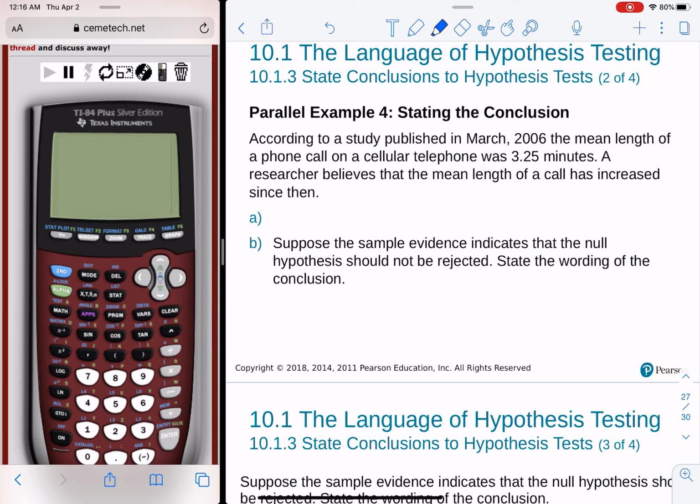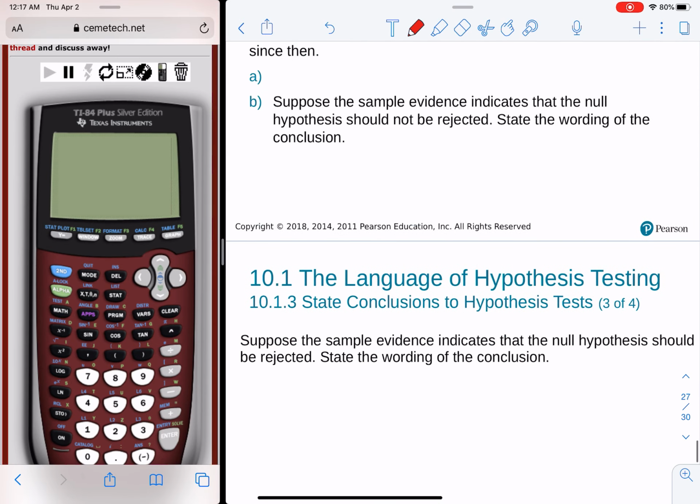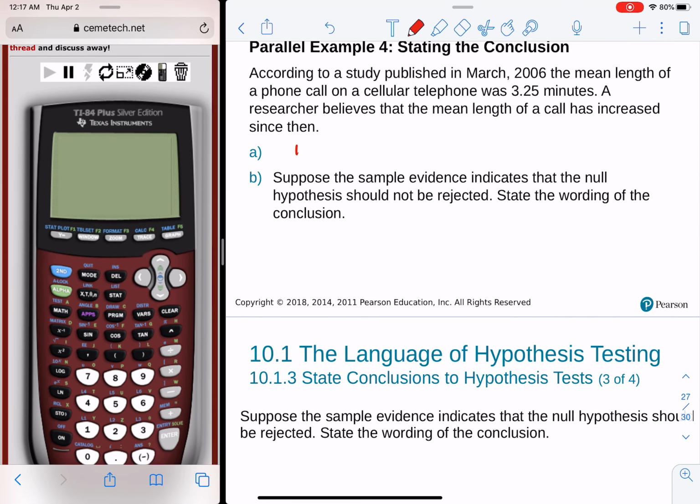According to a study published in March 2006, the mean length of a phone call on a cellular phone was 3.25 minutes. It's the same example that we've been seeing multiple times. The researcher claims it has gone up since then. If the sample evidence indicates that the null hypothesis should not be rejected, let's write the null and the alternative.